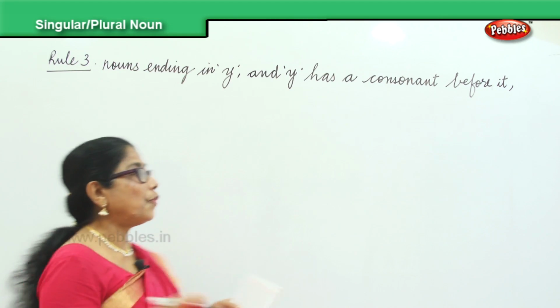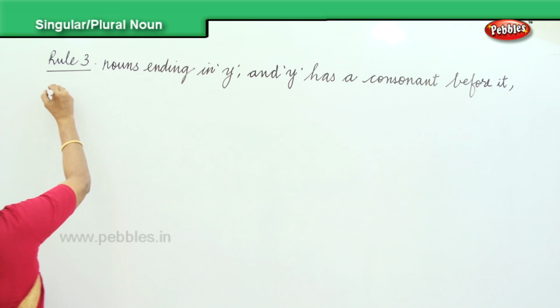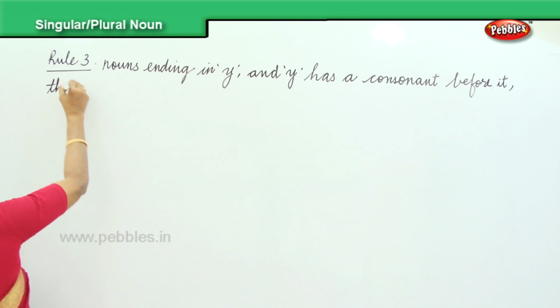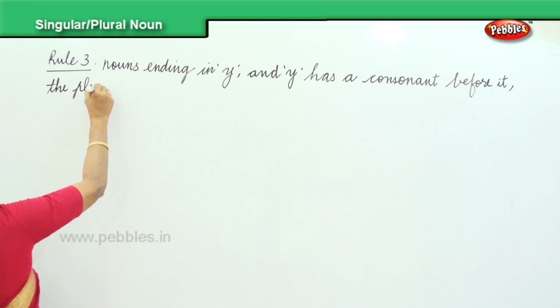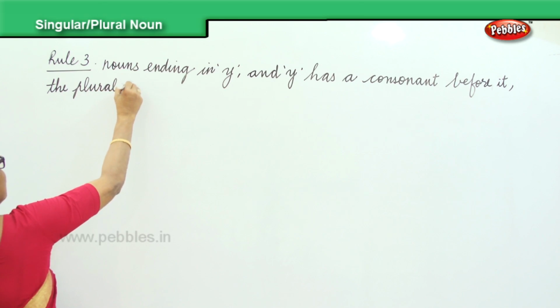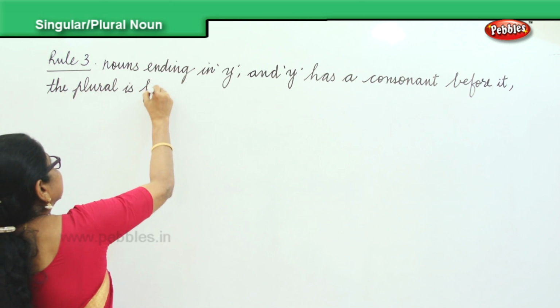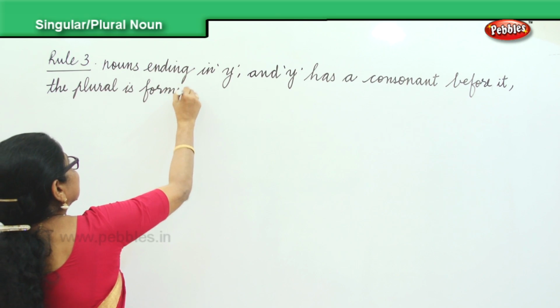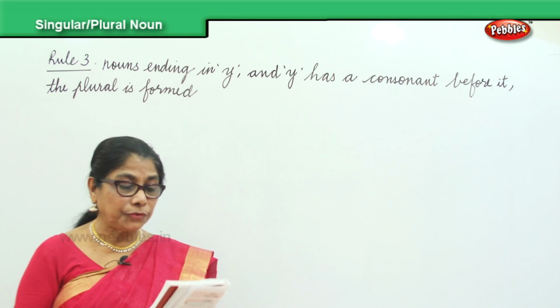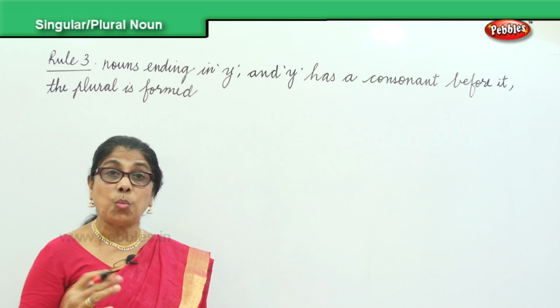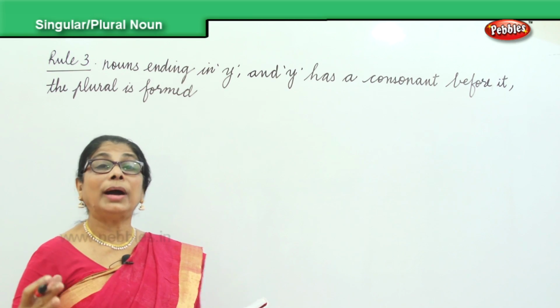Now what happens? The plural is formed by changing y into ies.